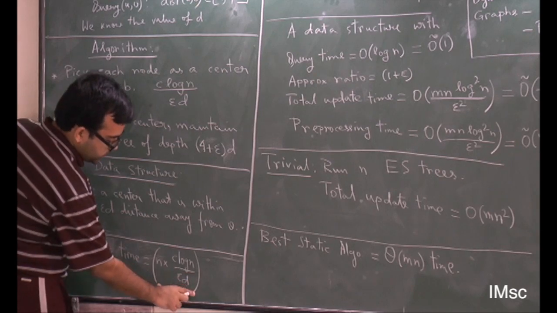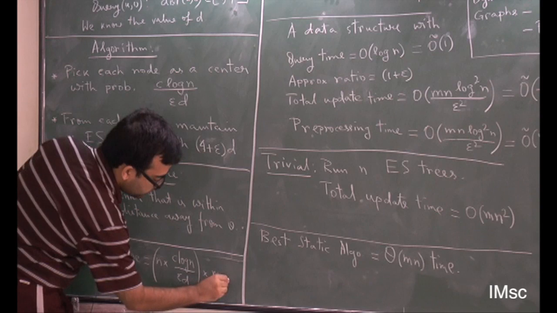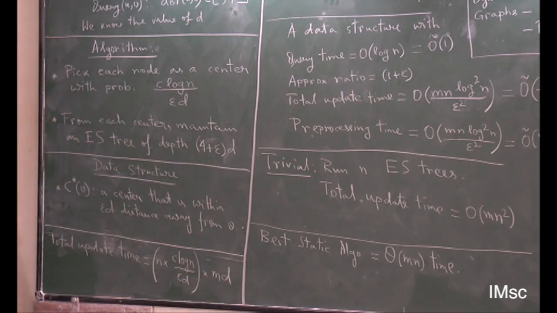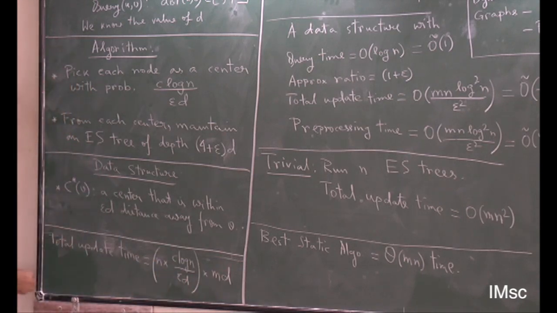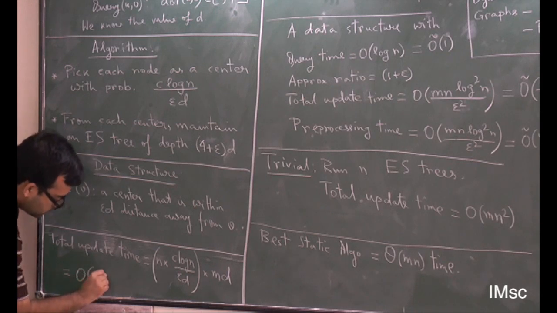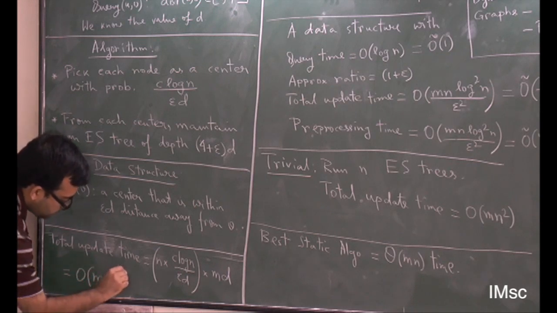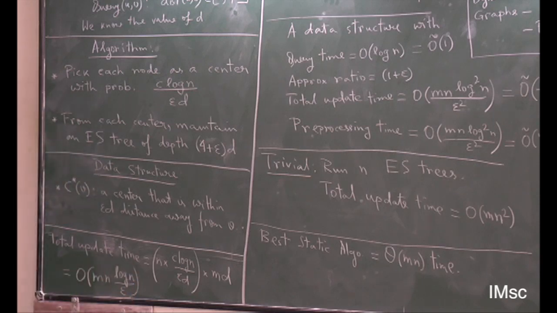So, these are the number of centers and each Even-Shiloach tree will cost this much time, md time. Now, we see that these two d's cancel out and it becomes order mn log n by epsilon.